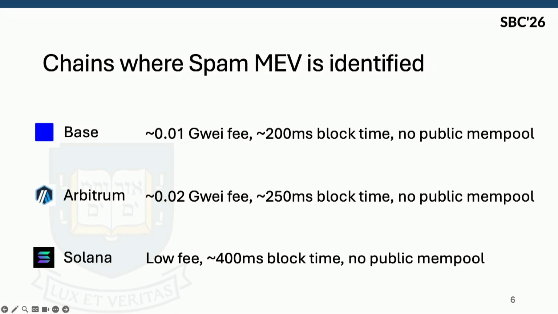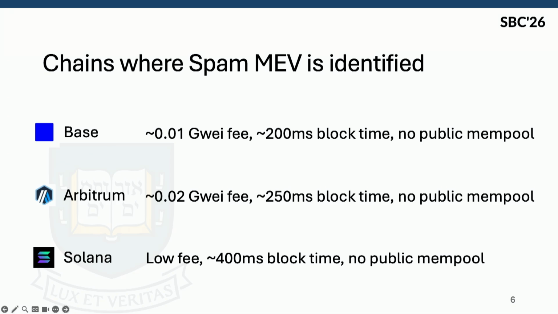We also have Arbitrum, another layer 2 that also has low fees, small block time, and the lack of a public mempool as well. And to name a layer 1, we have Solana, which has low fees and a relatively small block time, around 400 milliseconds, and it doesn't have a public mempool where you can perform targeted searches.